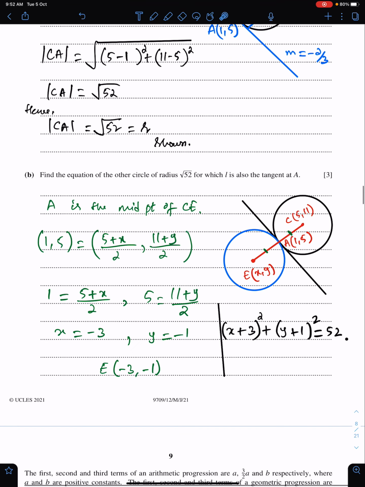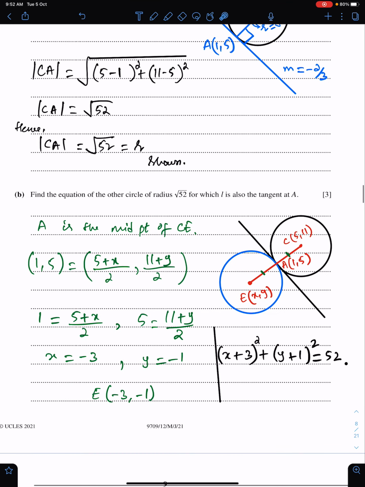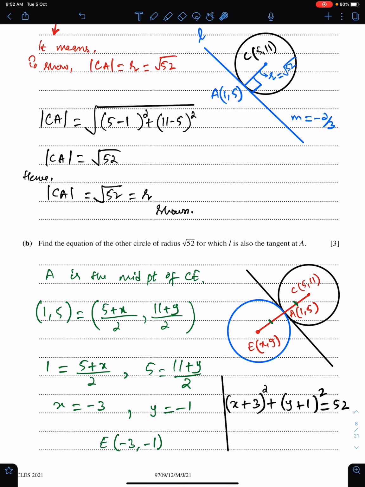Next part of this question. B. Find the equation of the other circle of radius under root 52 for which L is also the tangent at A. So you just need to understand that L is the line of reflection of these two circles.